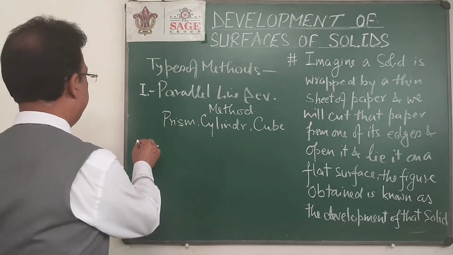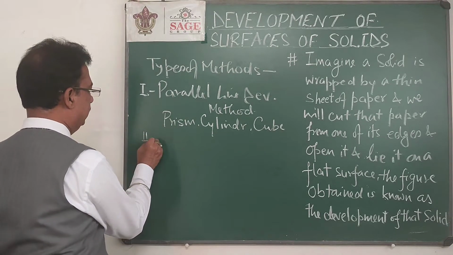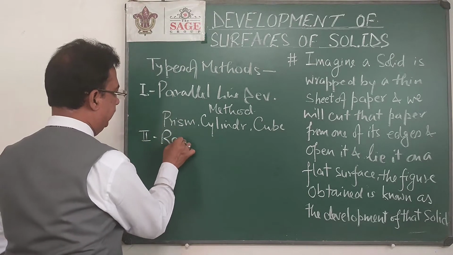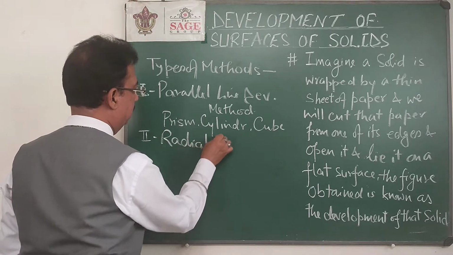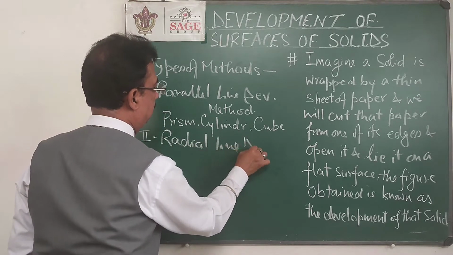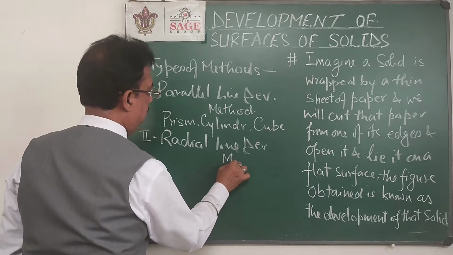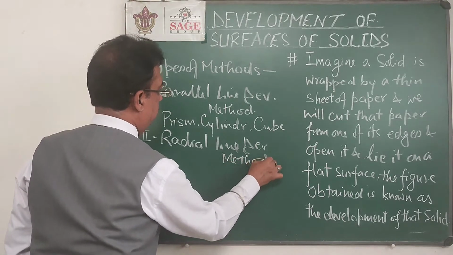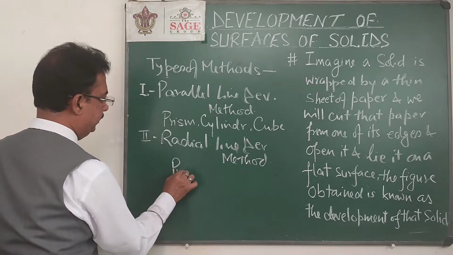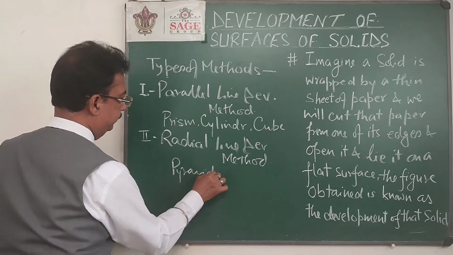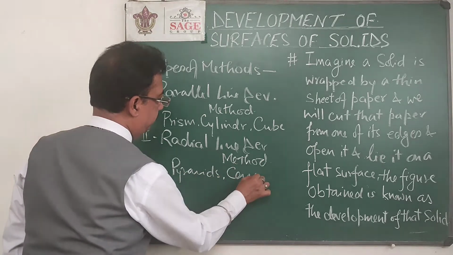The second method is known as the radial line method. This will be used for pyramids and cones.